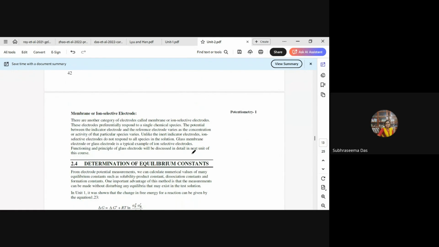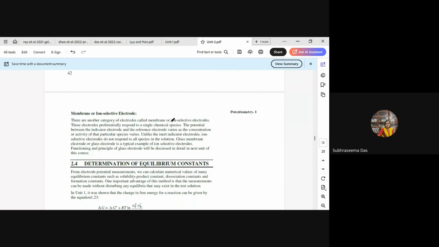Then coming to membrane or ion selective electrodes. There is another category of electrodes called membrane or ion selective electrodes. These electrodes preferentially respond to a single chemical species. The potential between the indicator electrode and the reference electrode varies as the concentration or activity of that particular species varies.